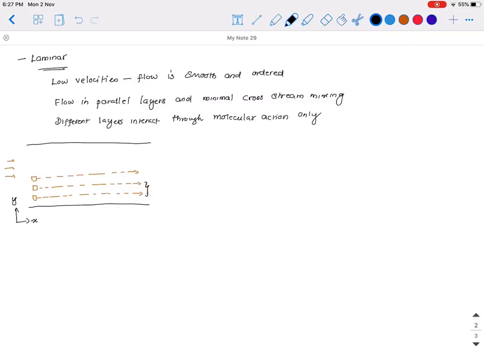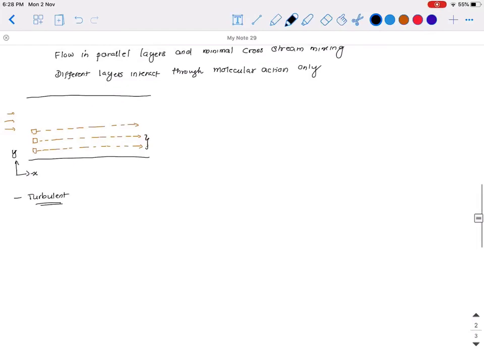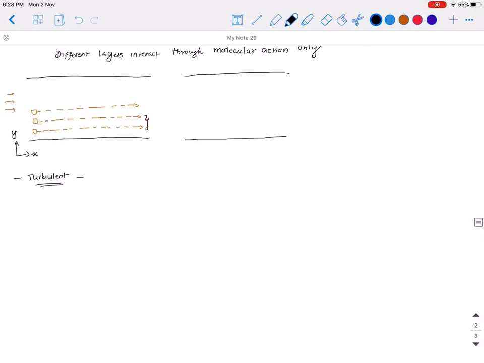The second type of flow is turbulent flow. If we consider the same example, at high velocities turbulent flows occur.